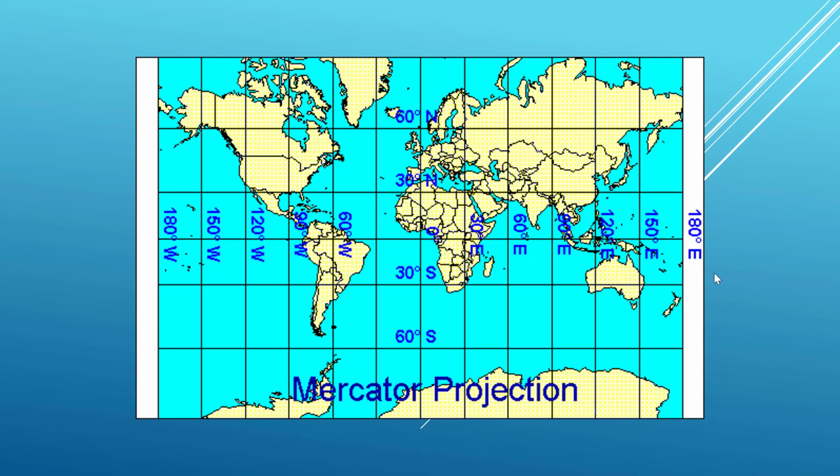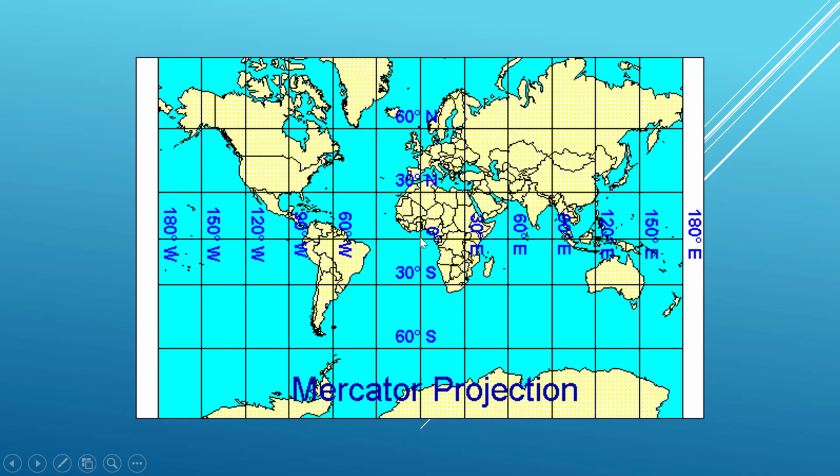Going sideward, you have 30 degree east, 60 degree east, 90 degree east, 120 degree east, 150 degree east till 180 degree. Longitudes are from 0 degree to 180 degree, while latitude are from 0 degree to 90 degree. To the west, it's the same thing. So they are all increasing away from the 0 point.